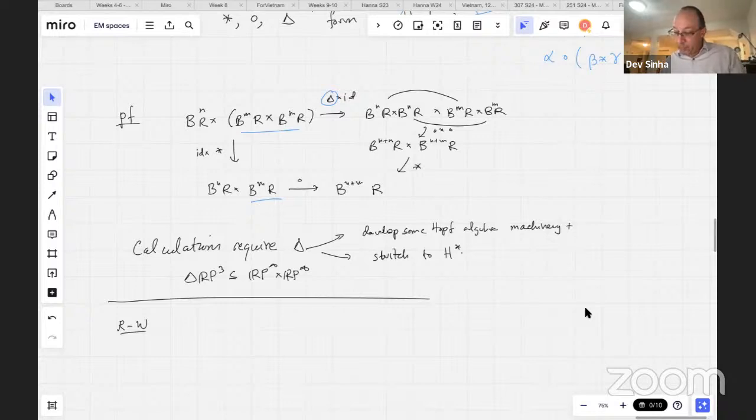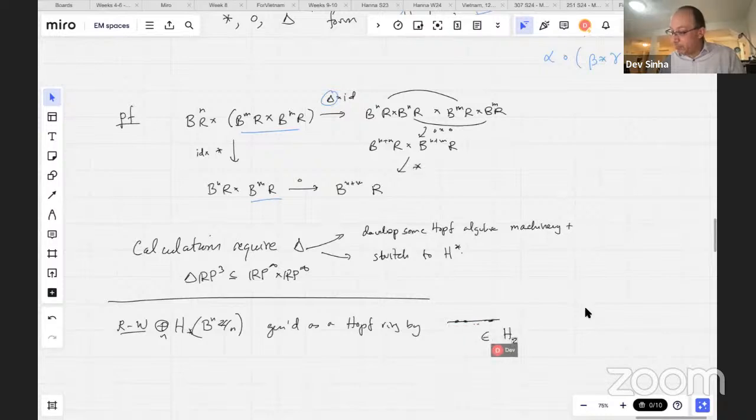But in their language, the homology of these B^n Z/2s is generated as a Hopf ring by these classes with 2^i points. So these are H_{2^i} B C2.